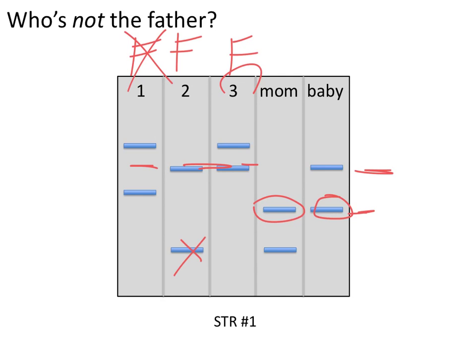Now, you can also find out, let's say you have an air disaster and all you have is body parts, right? You can get DNA from families, let's say from a mother or a father or a brother or a sister, and you know that they share half the DNA, so they're going to share different bands with each other.